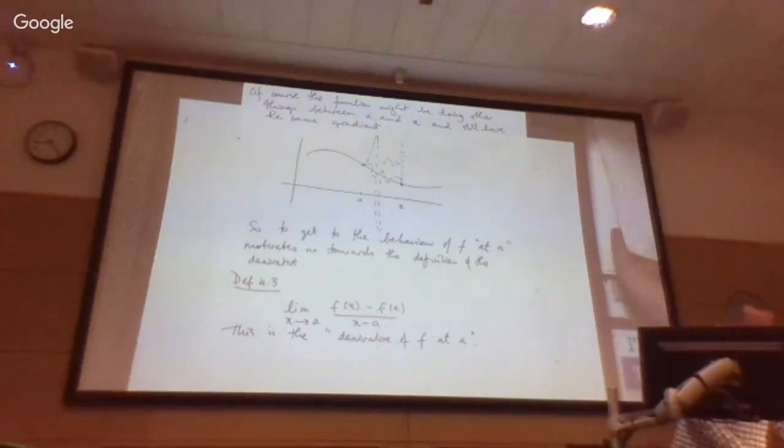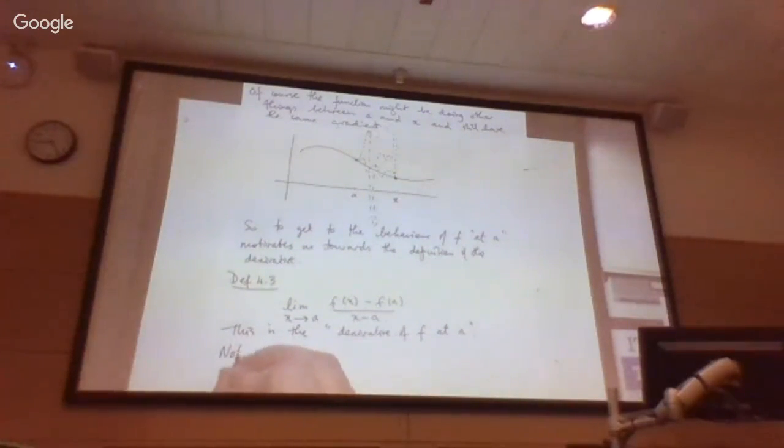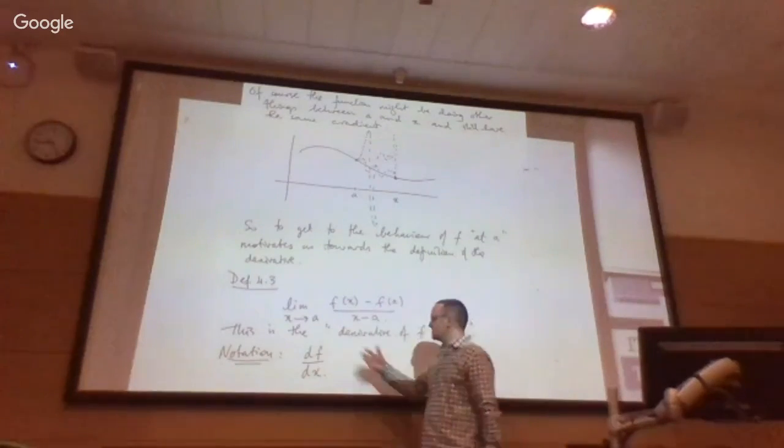I'll just pick out an important bit of the discussion in the notes. There are two main types of notation used for it. The traditional notation you're used to is df dx. That denotes this other function, which is the derivative of f.